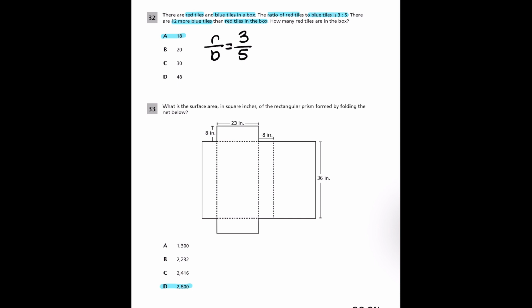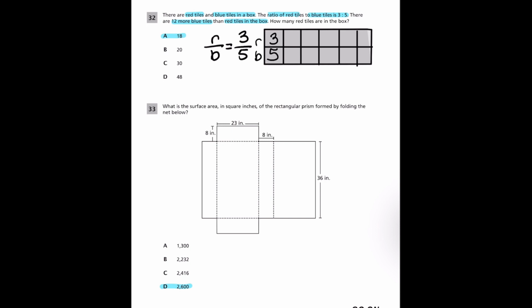So what I'm going to do here is make a ratio table, but I'm going to continue it out. It's not too straight. We can make it straighter. And I'm just going to look to see when, here's 3/5, red, blue.